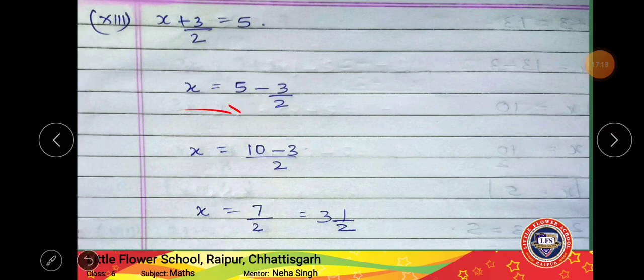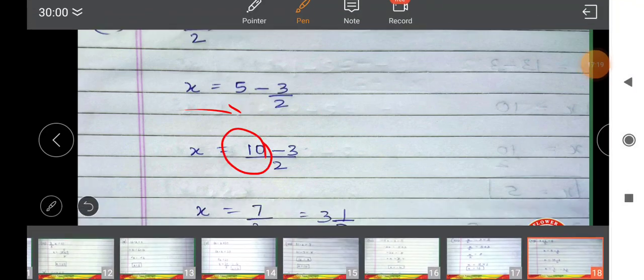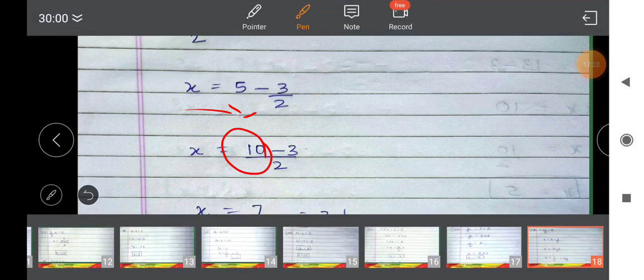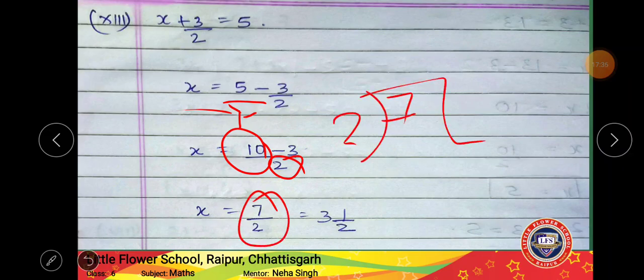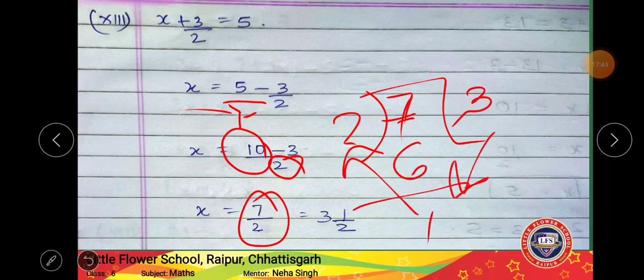See, this 5 into 2 is 10, so we'll write 10 here. 1 into 3, here no number is written, means here it is 1. 1 into 3 is 3. 10 minus 3 is 7, and the denominator is 2. Since it is an improper fraction, we will convert it into mixed. How? By dividing. 2 3s are 6, 1. 3 1 by 2 is the answer.